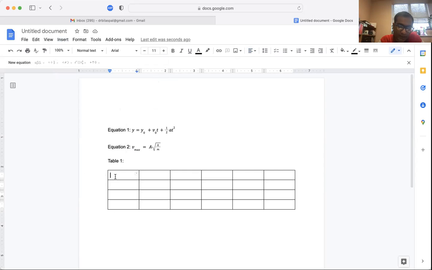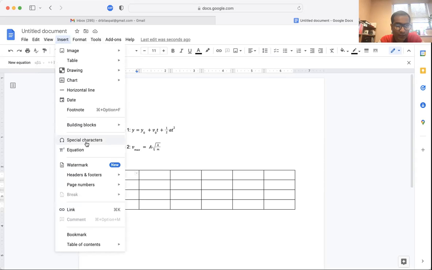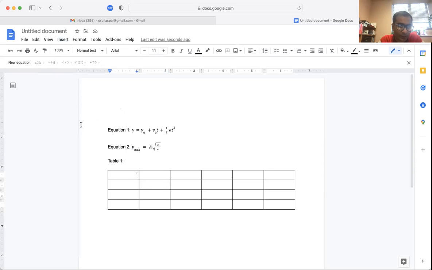If you want to put a symbol, a Greek symbol, you can choose from Insert, special characters, or you can write an equation here, or you can write, for example, mass, force. Always use the unit with a quantity. Force is Newton, right? Or you can also put the symbol, or use the equation.